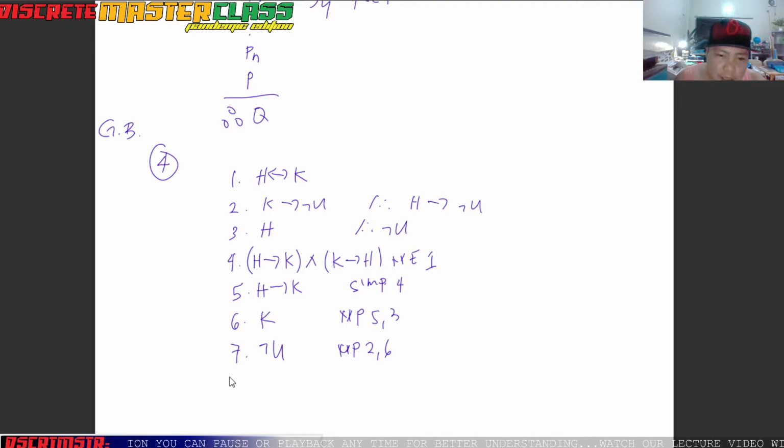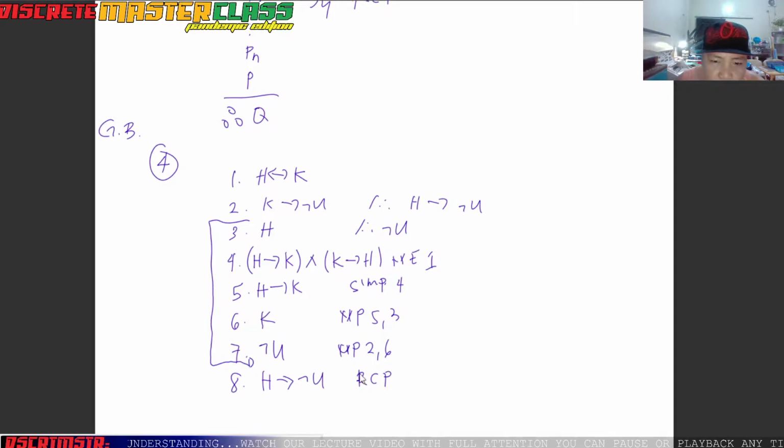Now, as you observe, line number 7 is now not U, which is our goal. Okay? So, ibig sabihin, tapos na. Pero, kailangan mong isulat yung number 8. Yung original conclusion na H, you have proven H implies not U by RCP, applying RCP from number 3 to number 7. And this is done.